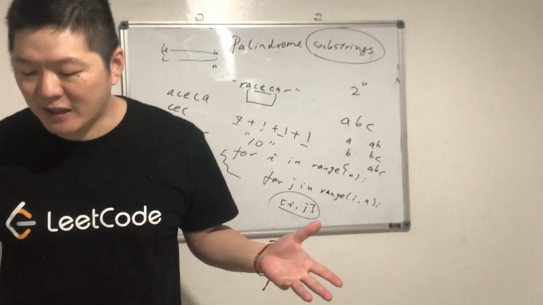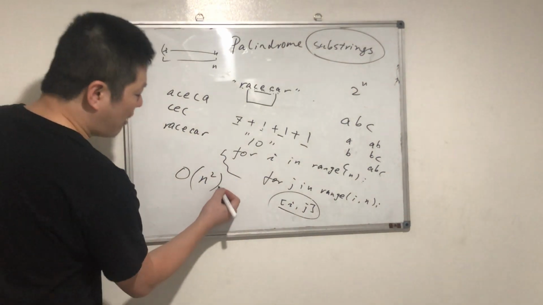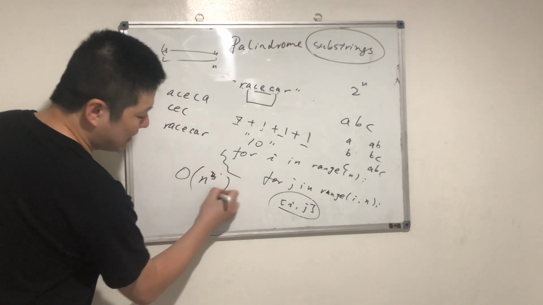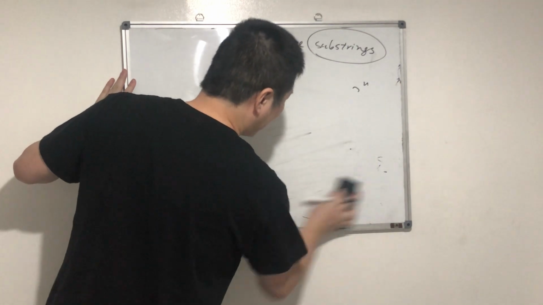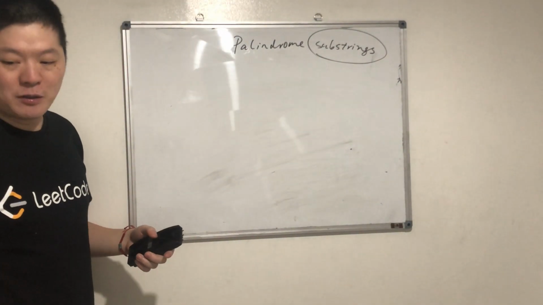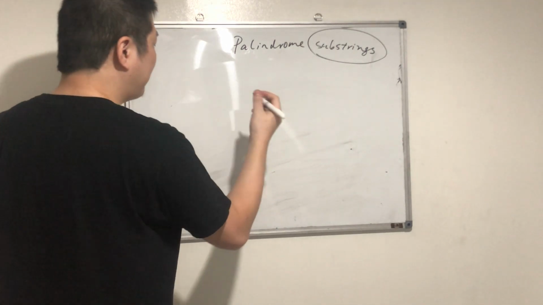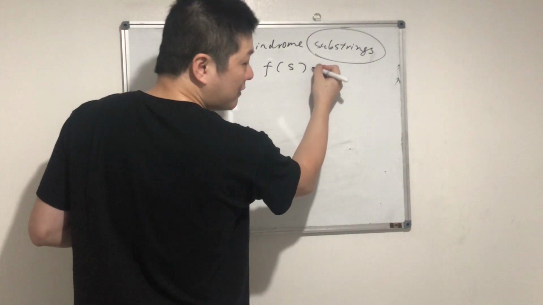It's N. So altogether it's O(n cubed), n to the power of 3. Okay, so should we write this? Define f of s, what's missing? A colon.